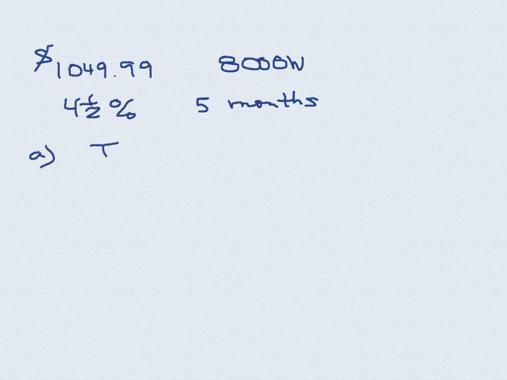The interest on a loan that's accumulating simple interest is found by taking the principal amount you're going to borrow, multiplying it by the rate, multiplying it by the time. So we're going to borrow $1,049.99.